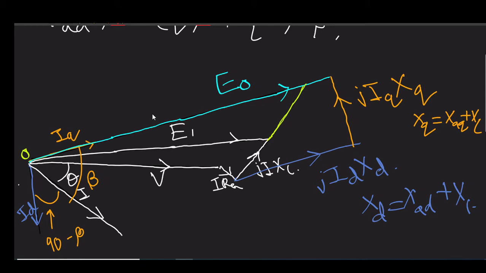O, C, then let it be A. Now drop a perpendicular on this line of JIDXD, let it be B. Then let it be D, and this one be E. So now you consider this triangle that is this much.